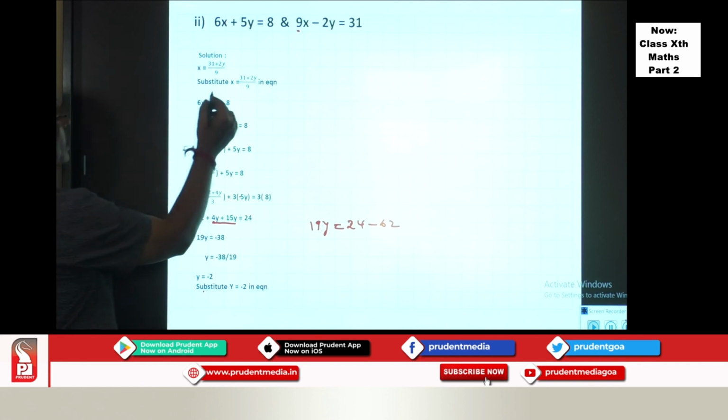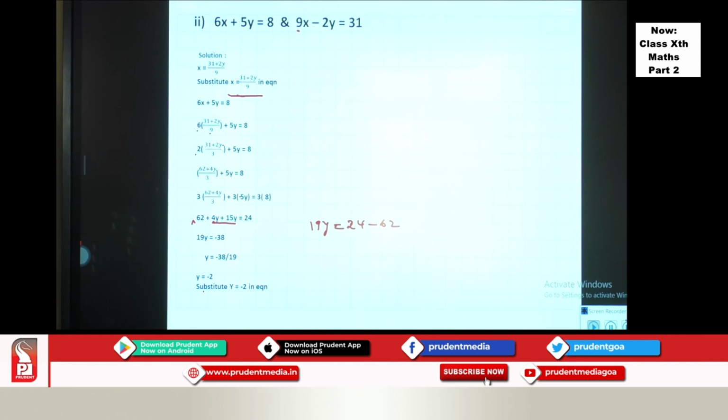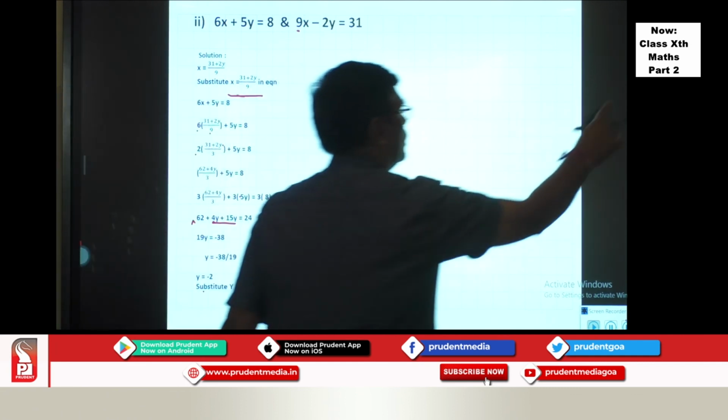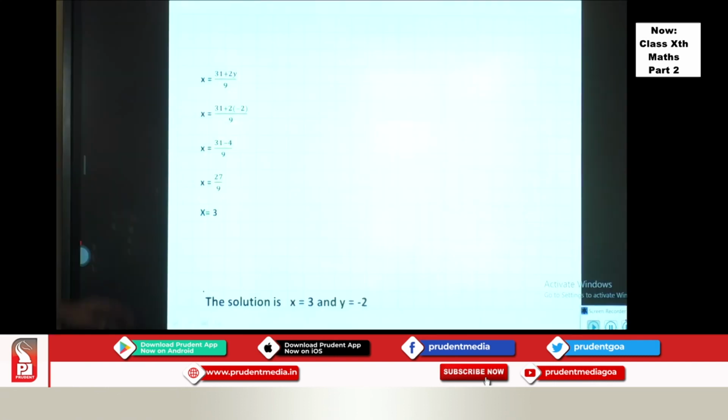Now I am substituting this value in the given equation. Let me substitute the value of y is equal to minus 2 that I got in the equation x is equal to 31 plus 2y upon 9.